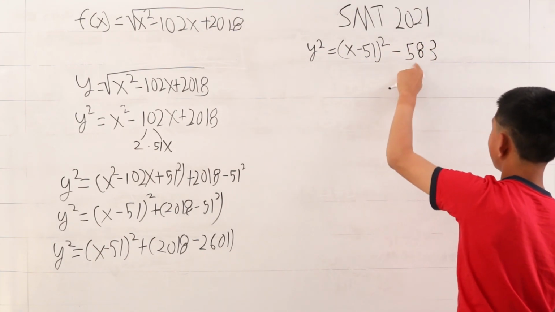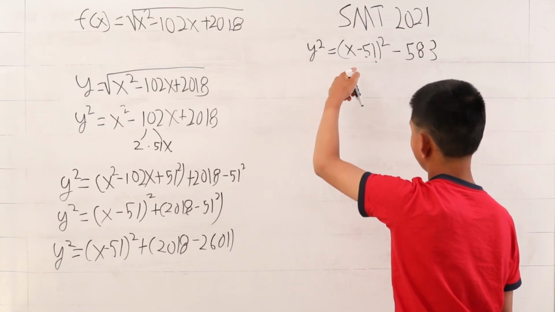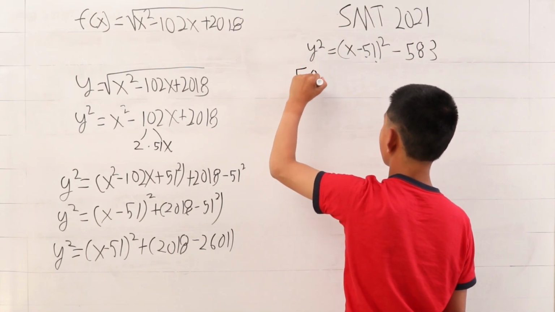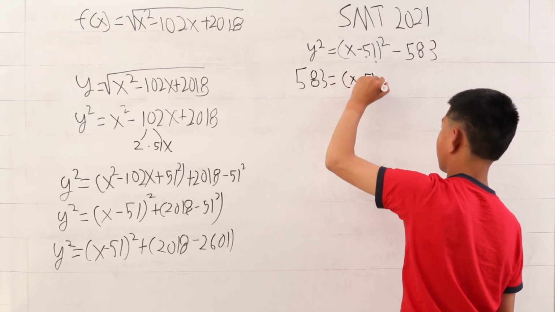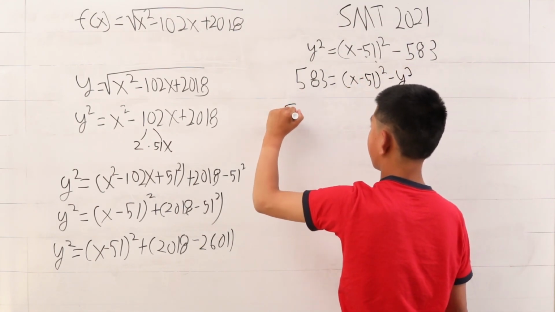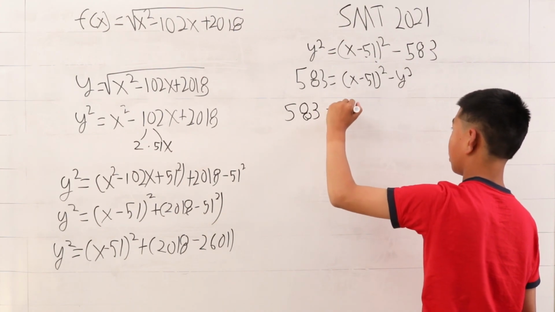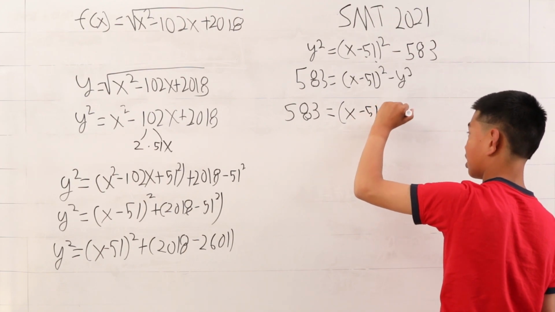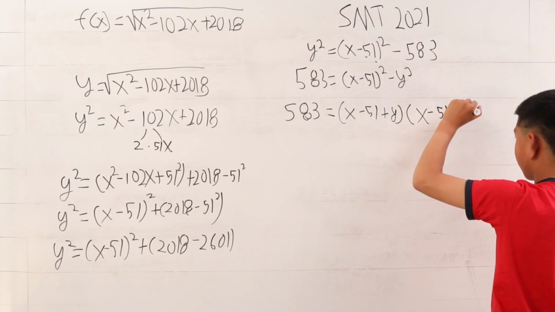Now we just swap these two values to get the a plus b times a minus b equation. So 583 is equal to x minus 51 squared minus y squared. So 583 is really equal to x minus 51 plus y times x minus 51 minus y.